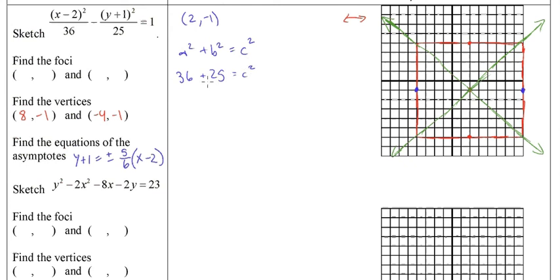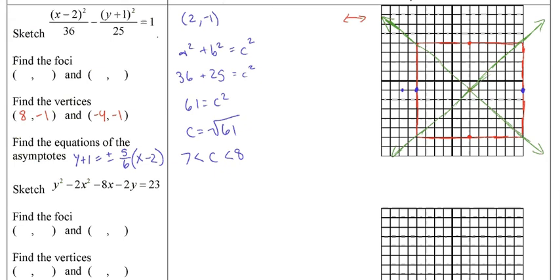So 61 is equal to c squared, meaning c is equal to the square root of 61. Now that number is somewhere greater than 7, but not quite to 8. And so from the center, we're going to count out just a little more than 7 to the left. So 1, 2, 3, 4, 5, 6, 7, and a little more.